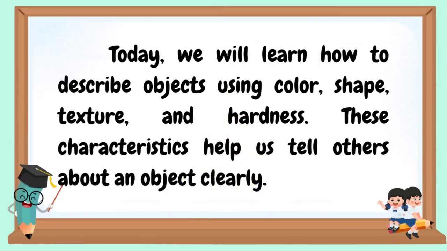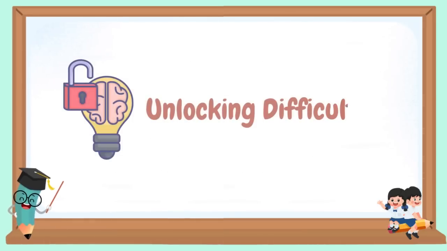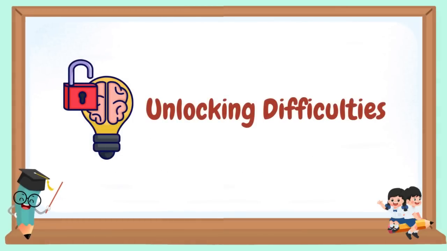Today, we will learn how to describe objects using color, shape, texture, and hardness. These characteristics help us to tell others about an object clearly. Unlocking difficulties.